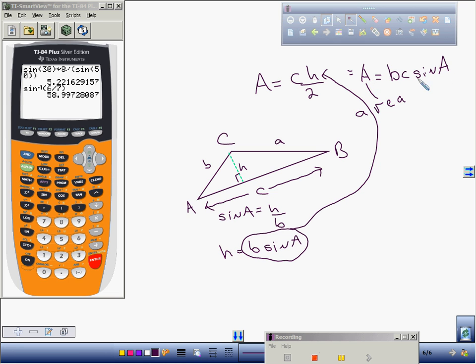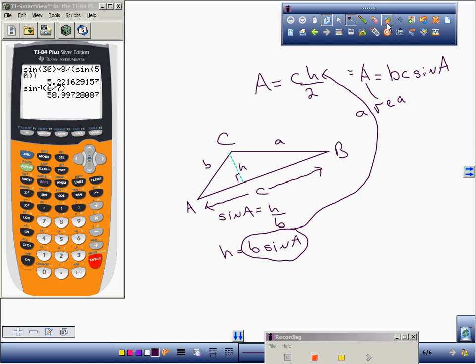So the area of any triangle can be found by multiplying this side times this side, dividing by 2, times the sine of the angle between them. I just wanted to show you where this came from.